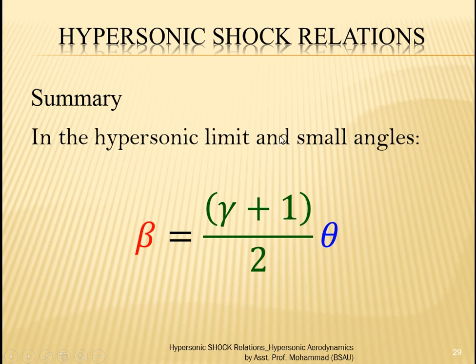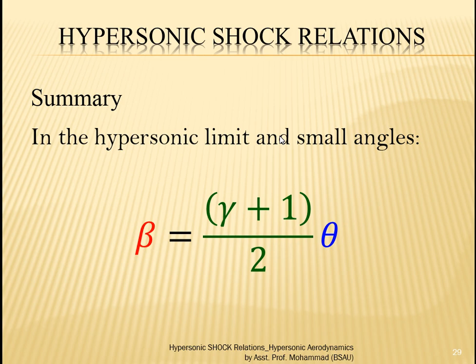So after assuming these two assumptions, we find that we can linearize theta and beta, and we can express beta purely in the form of theta. So beta becomes explicit now, which was not the case in the theta-beta-M curve in the exact situation. Actually our requirement is always beta, because theta is a physical angle.